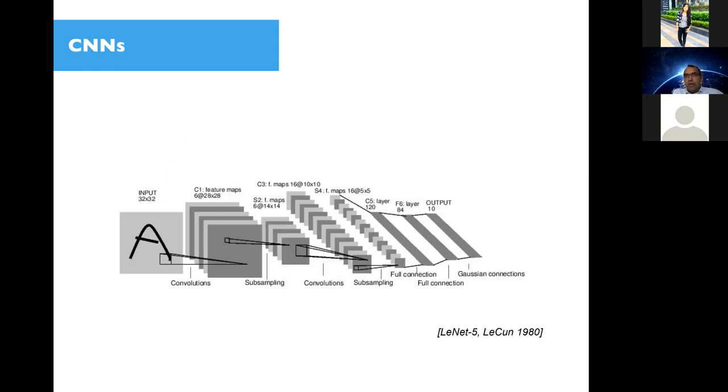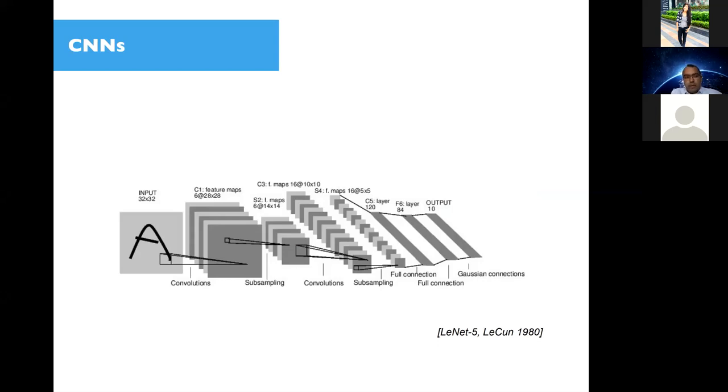Already in the late 1990s, convolutional neural networks were used commercially, especially in banks to read checks. That was one of the first applications, in banks and in post offices. When you sent a letter, already in the 1990s, there were systems that could read the sender's address, the receiver's address and other information on the check or post.